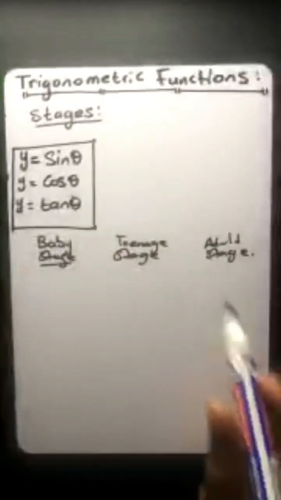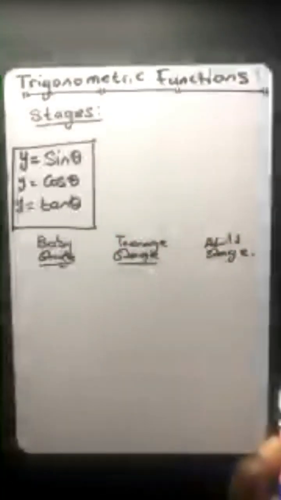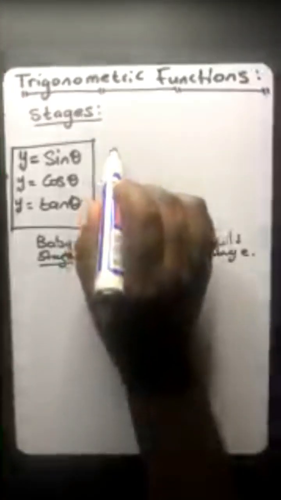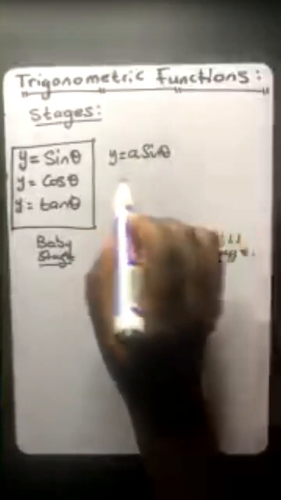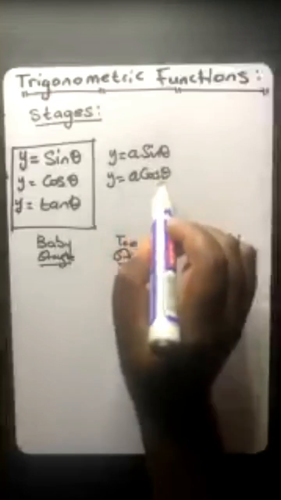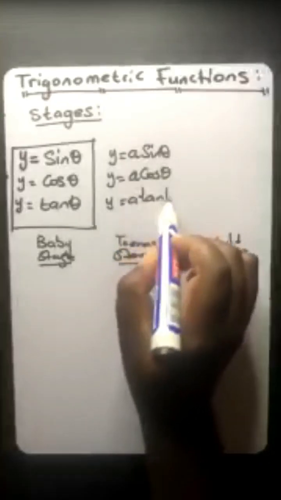But let's have a look at how functions at teenage stage look. You can, for example, have y equals a sine angle, y equals a cos angle. Notice the difference. y equals a tan angle.